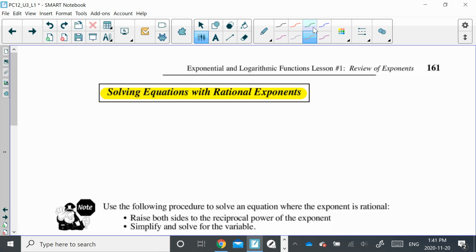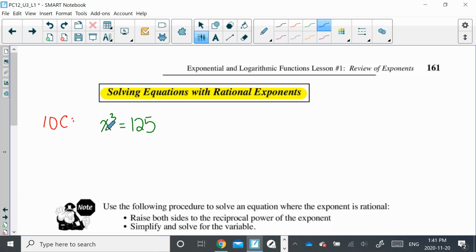Let's say I said x to the power of 3 is equal to 125. And I said in 10C solve for x.